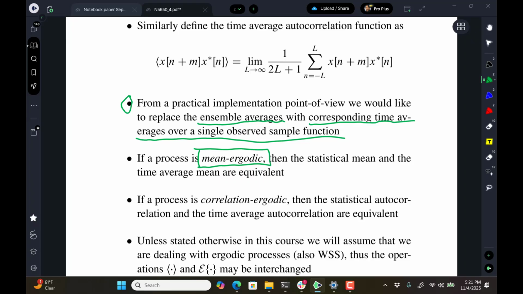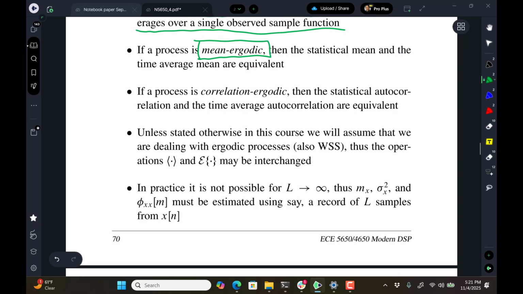If the process is correlation ergodic, then the statistical autocorrelation and time average autocorrelation are equivalent. So pretty much we're checking two really important boxes here in our assumptions. So fundamentally, ergodic processes have to be wide-sense stationary as well. So we've got the ability to exchange the time average with the statistical averages.